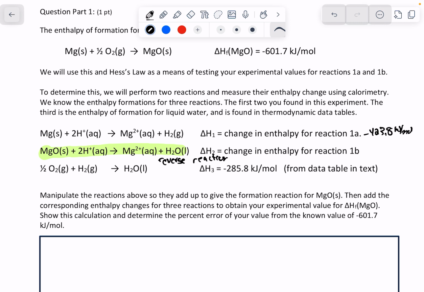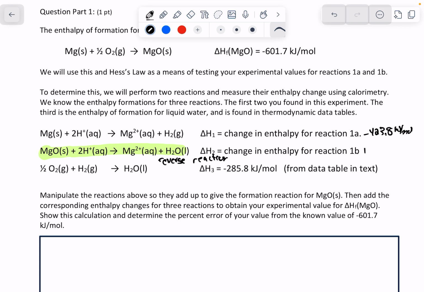Page 118, and it looks like actually that first reaction is correct, and the second reaction is correct also. So, okay, what I'm going to do now is we're going to flip the reverse reaction.